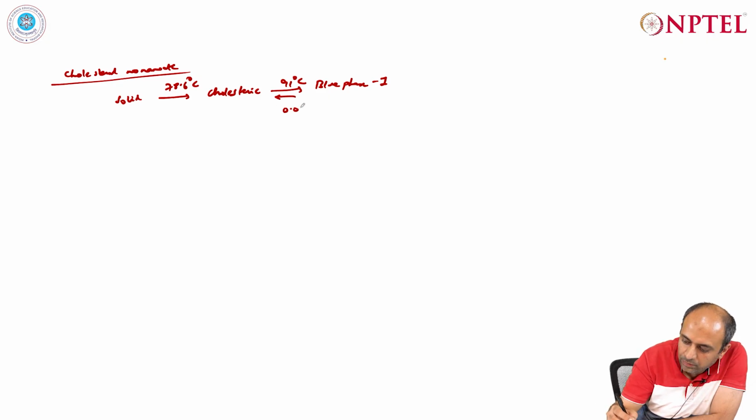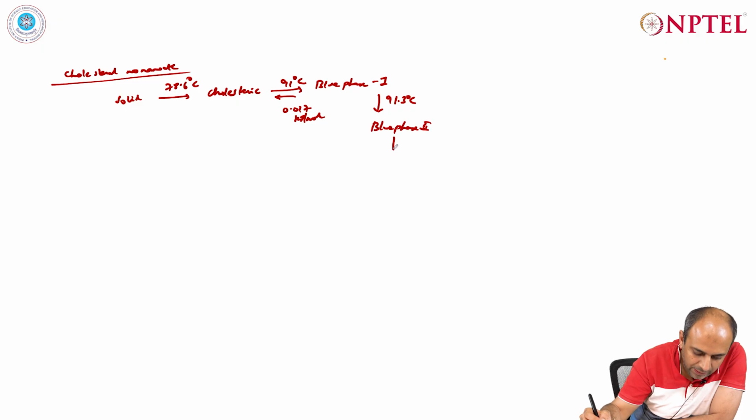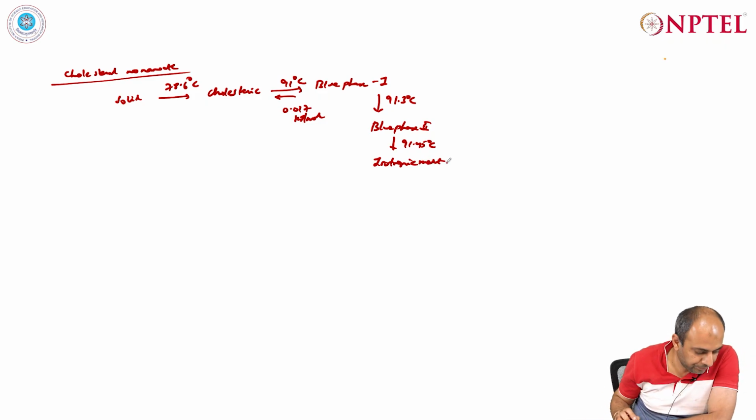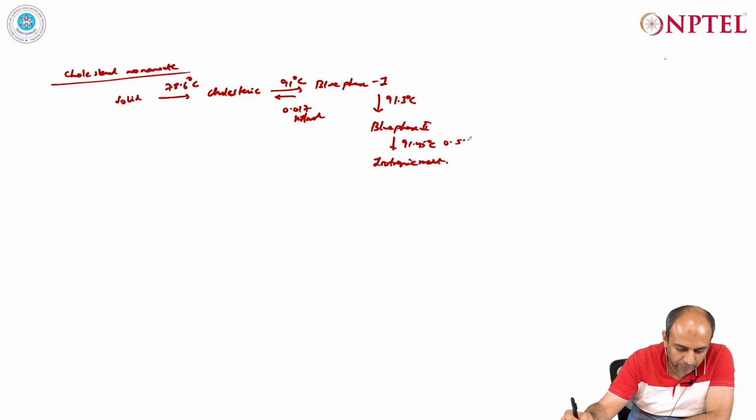It is in equilibrium, the enthalpy change is 0.07 kilojoule per mole, then it goes at 91.3, a very slight change to the blue phase 2, and finally at 91.45 degrees centigrade it converts into the isotropic melt. So these are the cholesteric like phases, and here the enthalpy change is 0.53 kilojoule per mole, whereas here it is 0.017 kilojoule per mole for the blue phase 1 and blue phase 2.